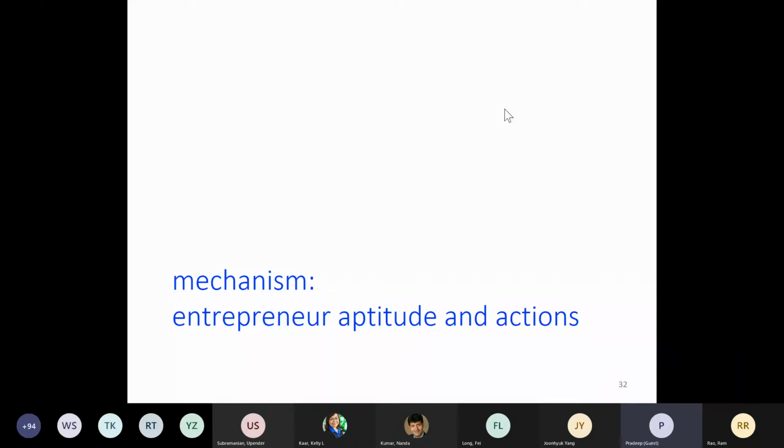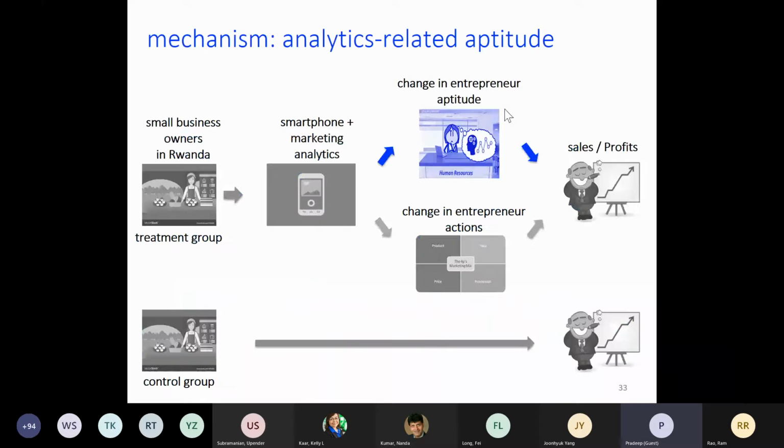Okay, so we'll spend a little bit of time looking at the mechanism. As I said before, there are two types of mechanisms we look at. One is the entrepreneur aptitude, which is essentially what's happening in the mind of the entrepreneur. And the second is looking at what we can observe, which is the entrepreneur's actions.